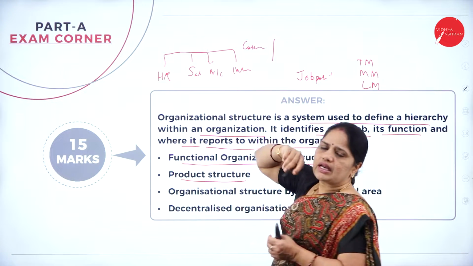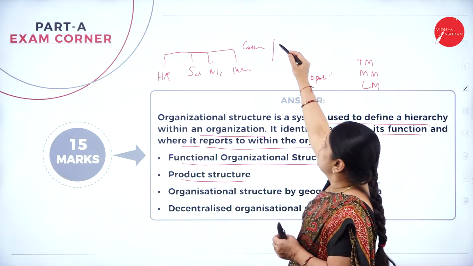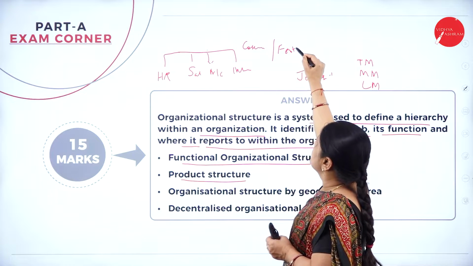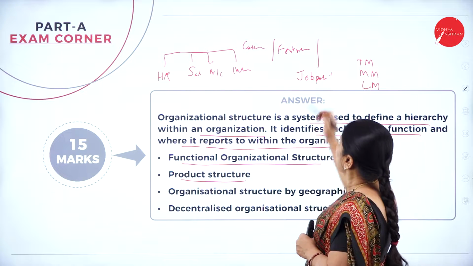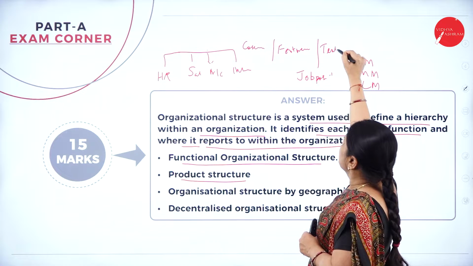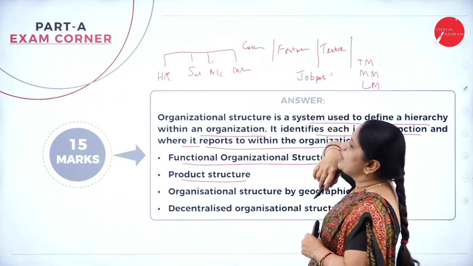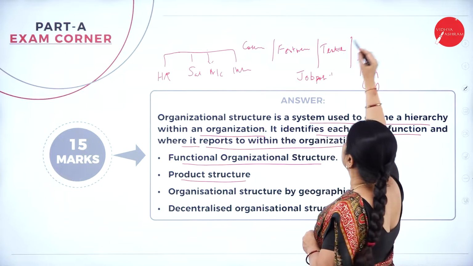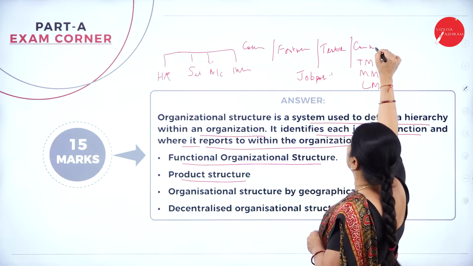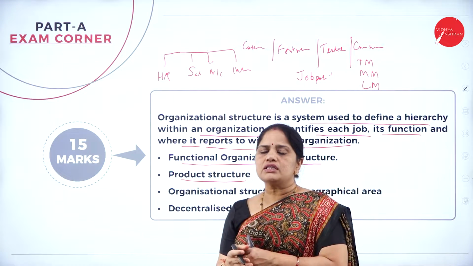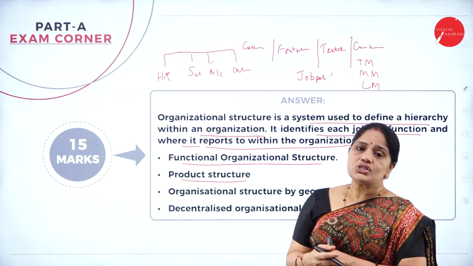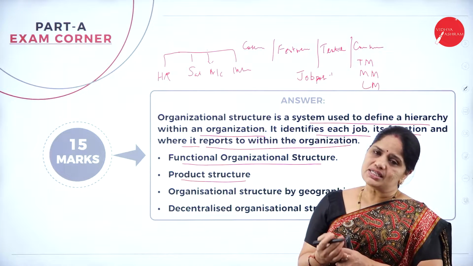If the company is also producing footwear, then there is one division for footwear. Then textiles, if it is into cloth production. Then even if it is producing consumer durables, the divisions based on the products which it produces, we call it the product structure.